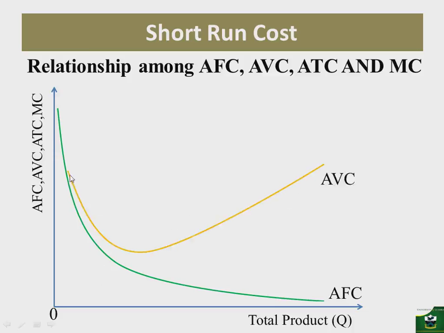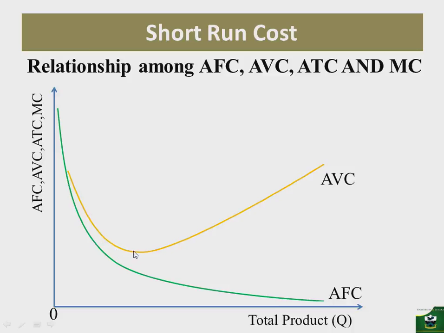Now, the average variable cost curve will start by declining, reach a minimum, and then start to rise. The period when the average variable cost curve is declining is a period when the firm is experiencing increasing marginal returns.